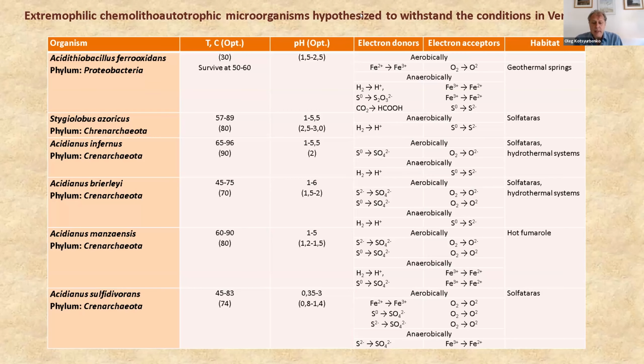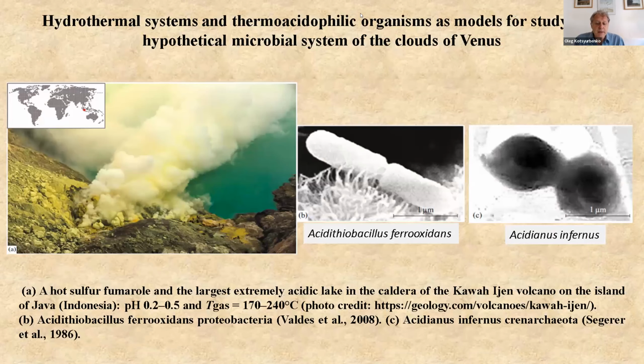For example, here you see representatives of bacteria and also archaea, and also a hot sulfur fumarole located on Java Island in Indonesia, as an example of this ecosystem as a metabolic analog of the Venusian clouds.